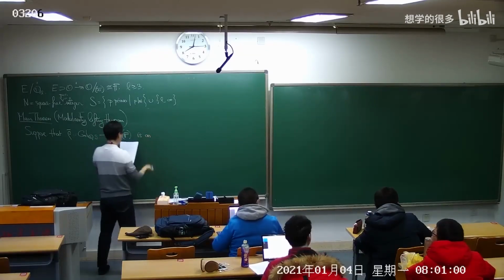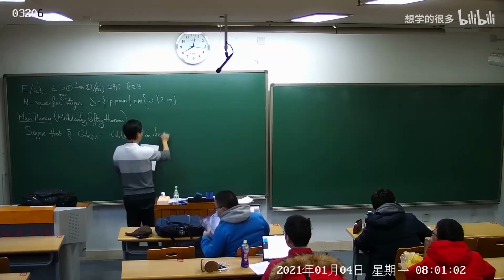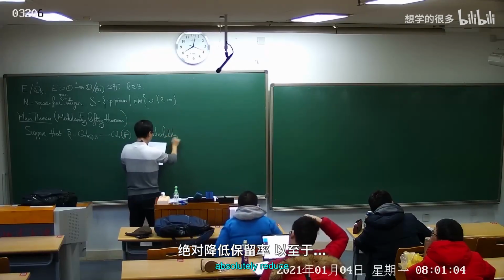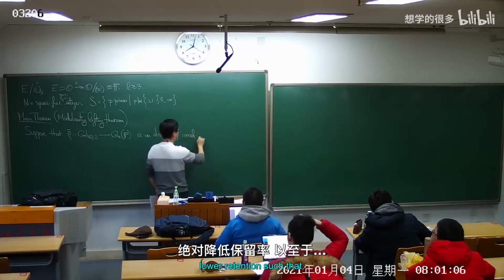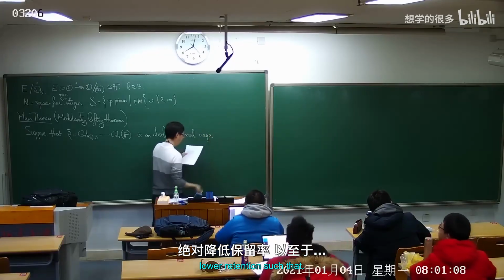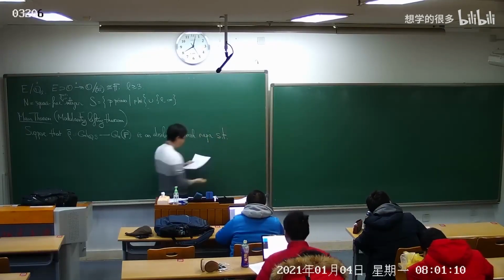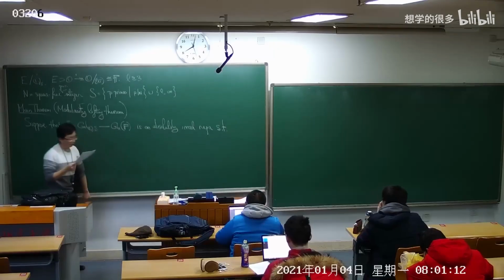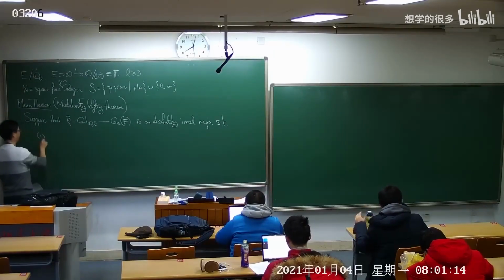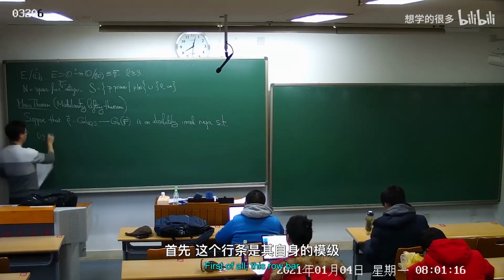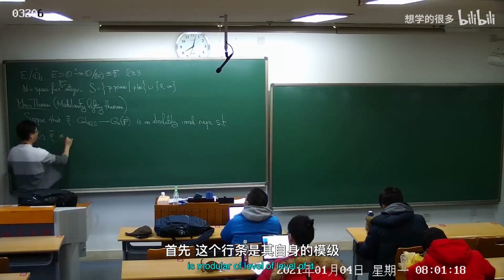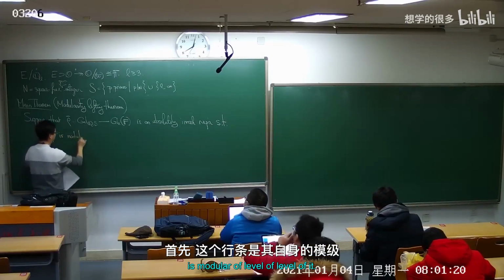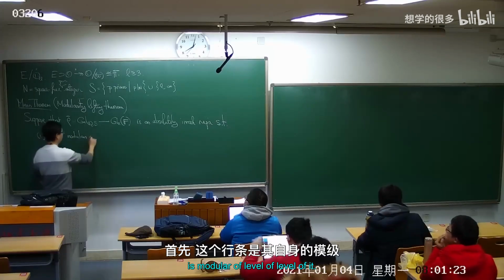is an absolutely irreducible representation such that, first of all, this rho bar is modular of level n.